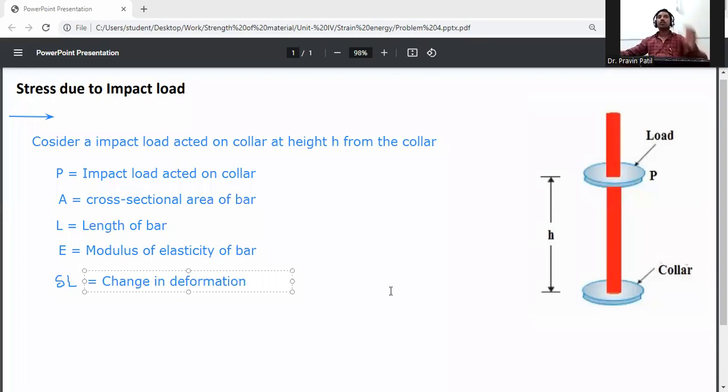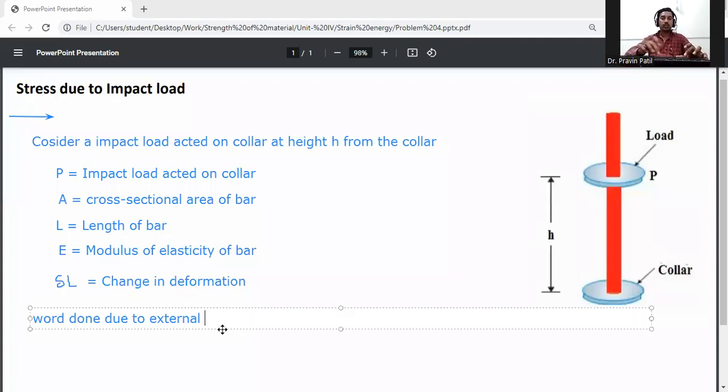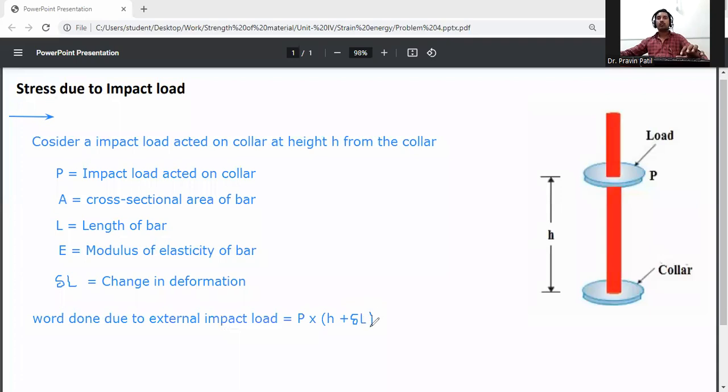Okay. So work done due to external impact load is equal to P into bracket H plus delta L. Total deformation is delta L, so height is measured from the delta L. So work done is equal to force into distance.